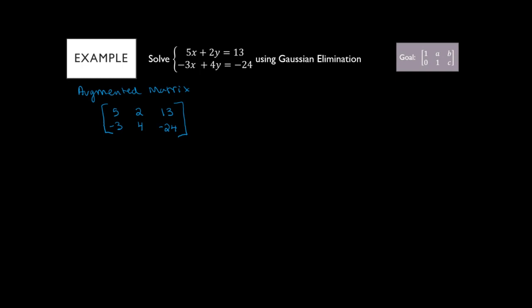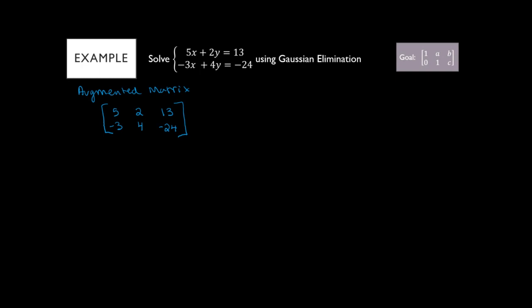So I can basically add these rows together. So it's like elimination. I've got a 5 and a -3, so I need to get those to be the same number, opposite signs. So I can multiply the first row by 3, because I already have opposite signs, the second row by 5, and then add those together.